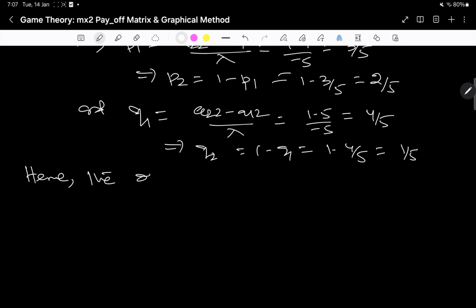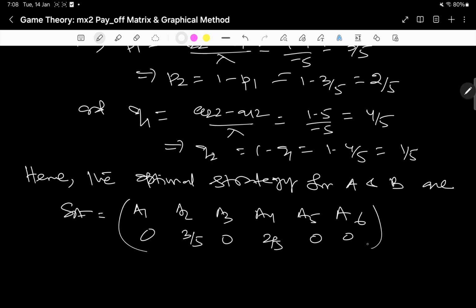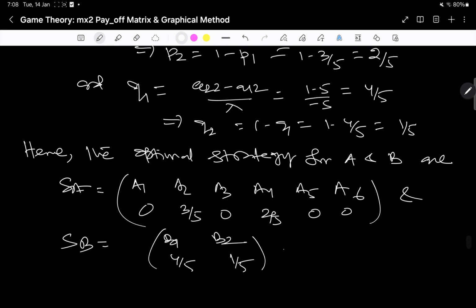Hence the optimal strategy for A and B: SA is equal to A1, A2, A3, A4, A5, A6, and here A2 is 3 by 5 and A4 is 2 by 5, remaining are 0, and SB is equal to B1, B2, Q1 is 4 by 5, Q2 is 1 by 5 respectively.